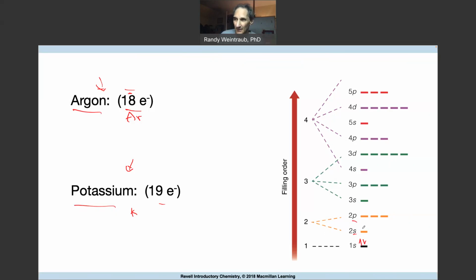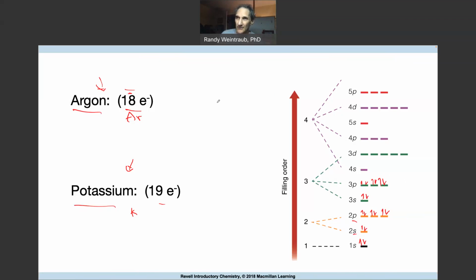For argon, we would do the same. We would fill these: that's 3, 4, and 5, 6, 7, 8, 9, 10, and the third energy level, 11, 12, 13, 14, 15, 16, 17, and 18. Those are the 18 electrons for argon.